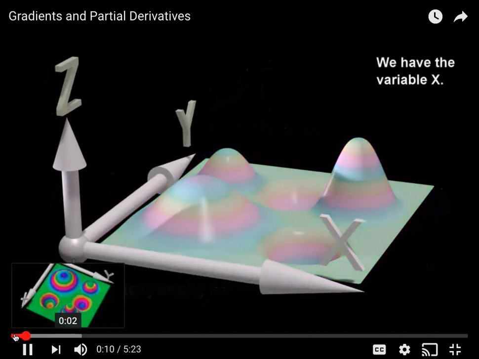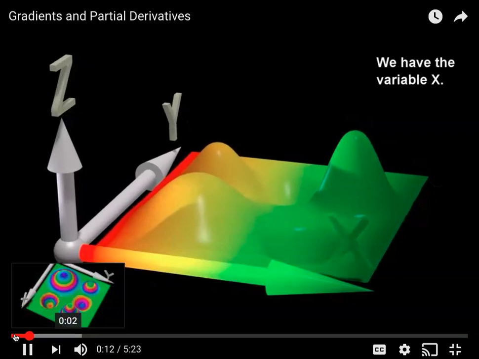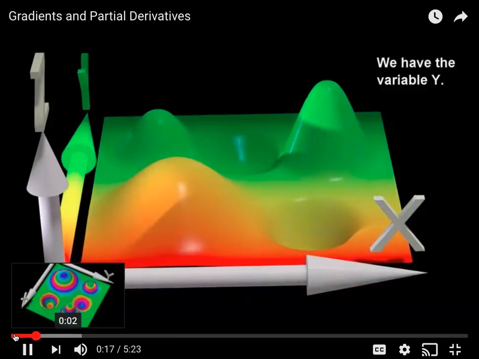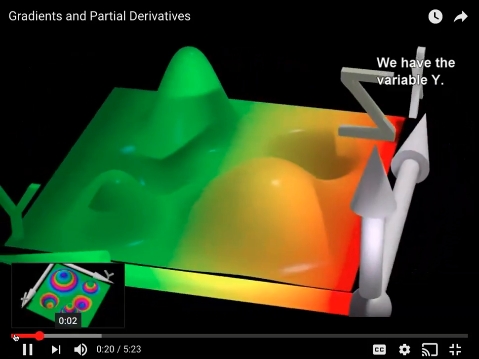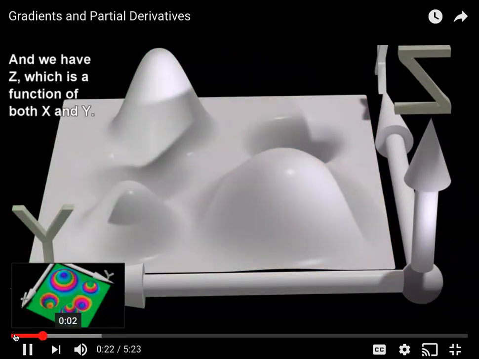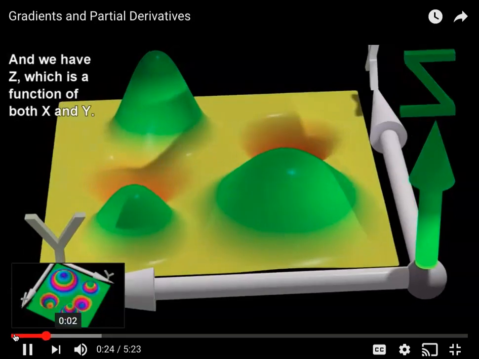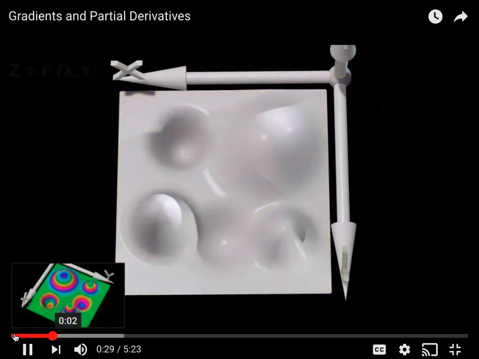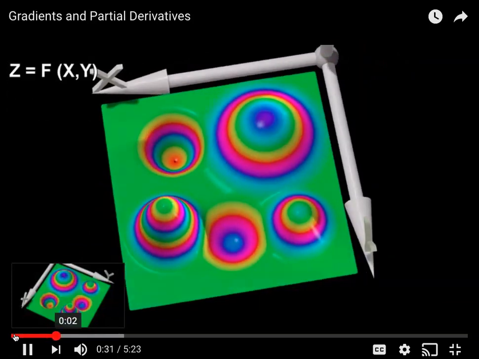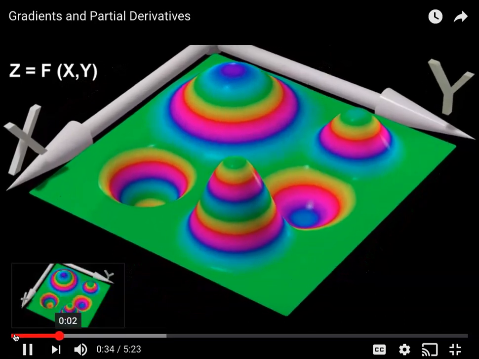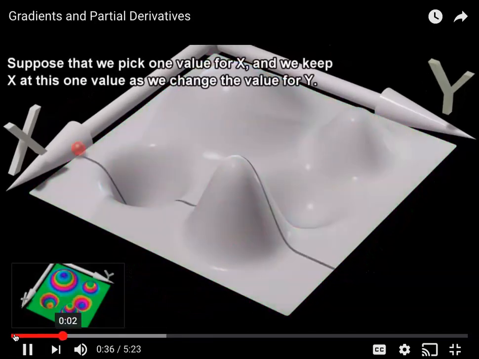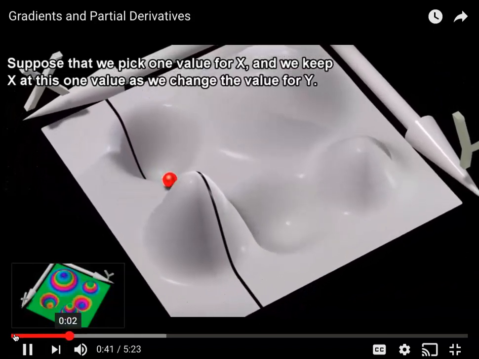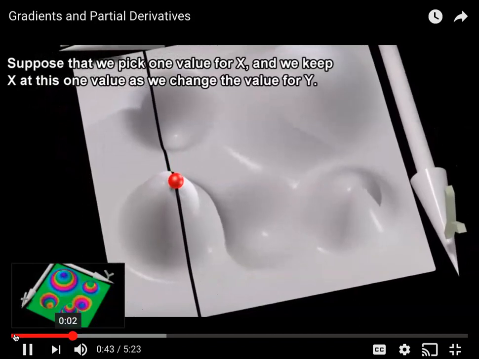We have the variable x. We have the variable y. And we have z, which is a function of both x and y. Suppose that we pick one value for x, and we keep x at this one value as we change the value for y.